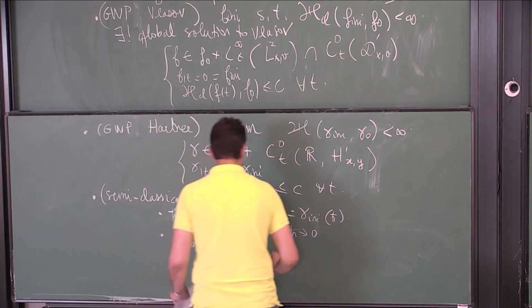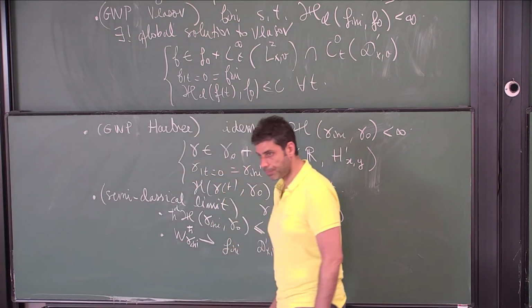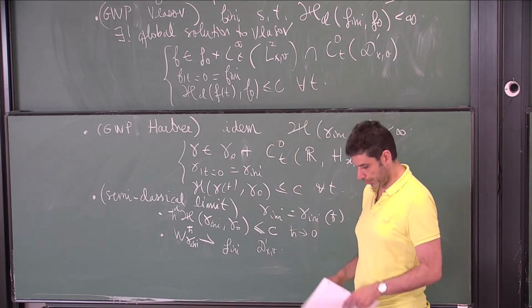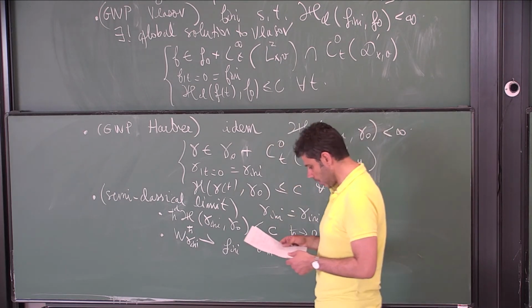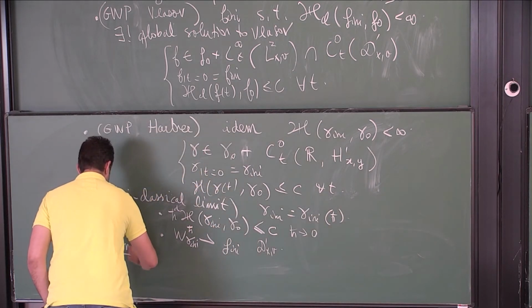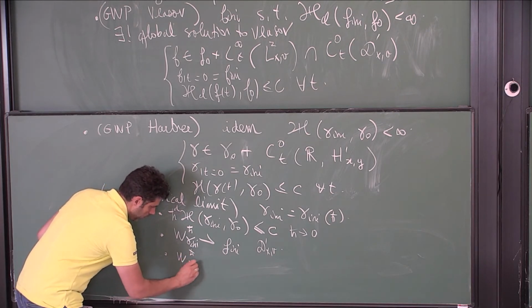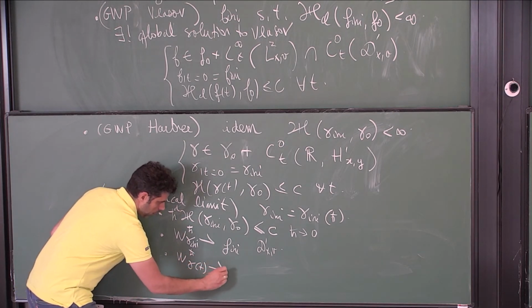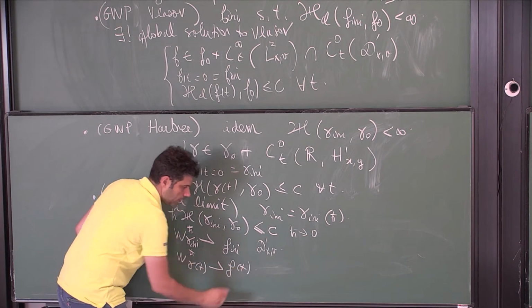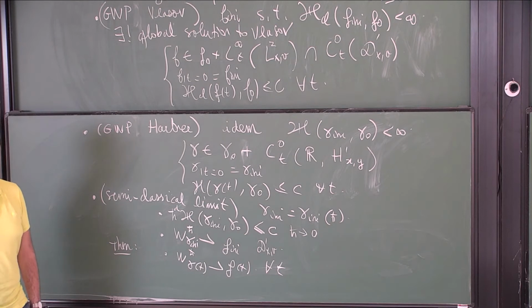This limit could be very weak, in the sense of distributions, that's fine. And then the conclusion is that the Wigner transform of the evolved gamma converges weakly to f of t for all times, which is also in the sense of distributions.